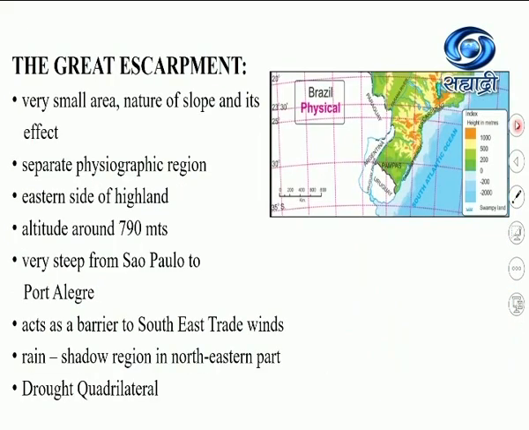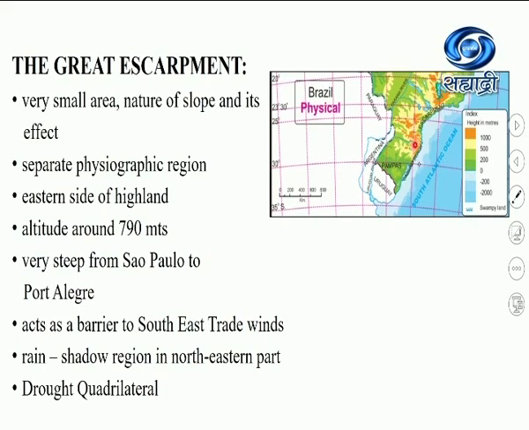A very important physical feature which is found in Brazil is the Great Escarpment. It is similar to the Sahyadri region or the Western Ghats in the Indian subcontinent.